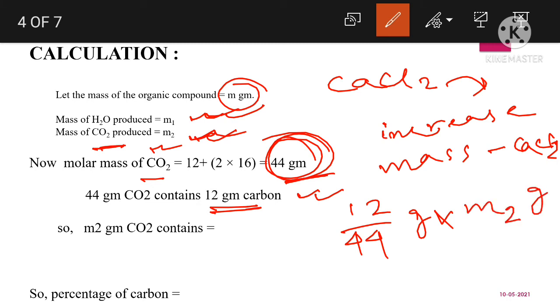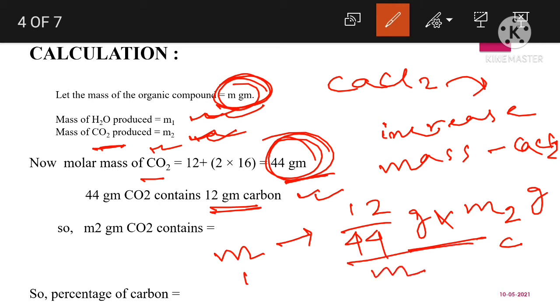Now we know that the mass of the organic compound is m gram. So m gram organic compound contains this much carbon. So 1 gram will contain this divided by m, and 100 gram contains this into 100.